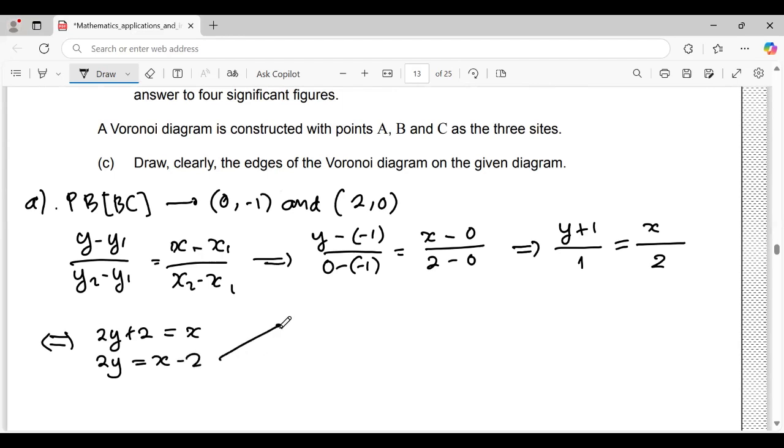And after dividing by 2, y equals half x minus 1. This is the equation.